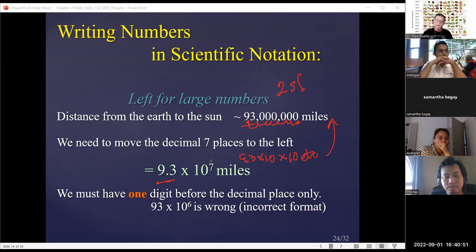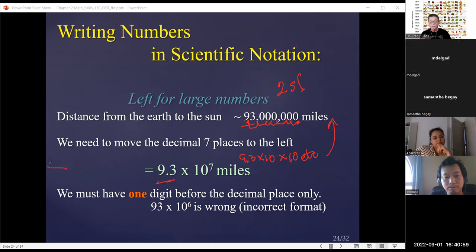Notice the 7 is a positive number, which tells you it's a number greater than 1. Obviously, 93 million is a number greater than 1. Now, that is the correct format, where we always have an integer, then the decimal point, and then whatever numbers follow.